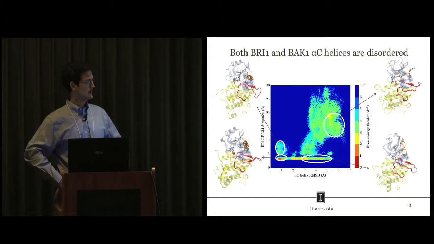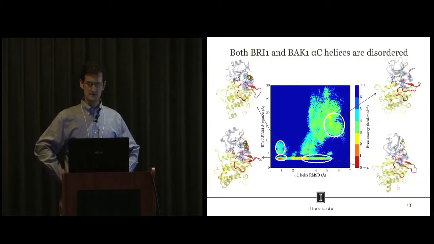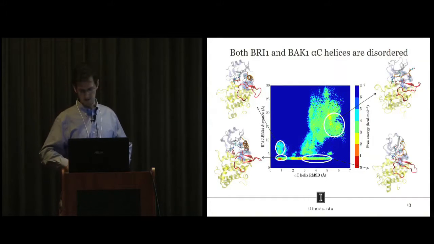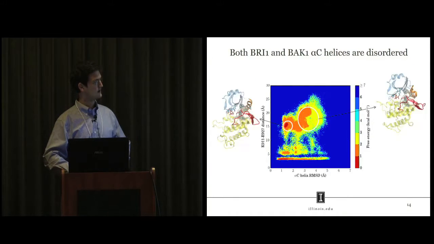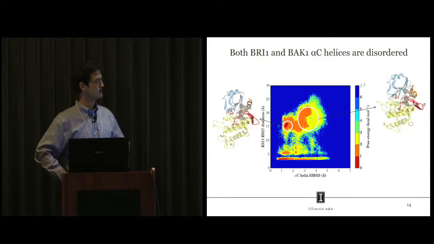So we see a high degree of inactive kinase in these simulations, which would be surprising if you're expecting phosphorylation to be sufficient for activation. For the BRI1 kinase domain, we saw a very similar thing. High degrees of inactivity, maybe more than BAK1.